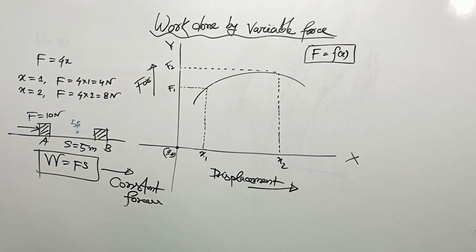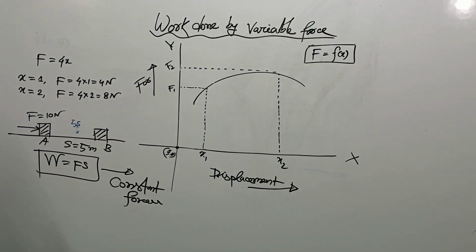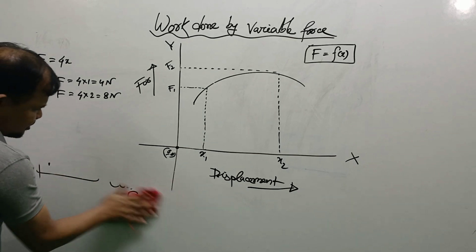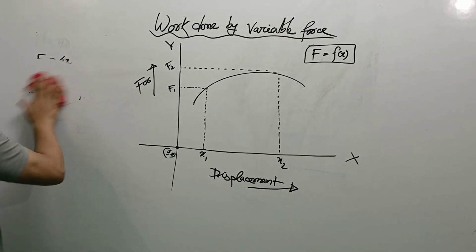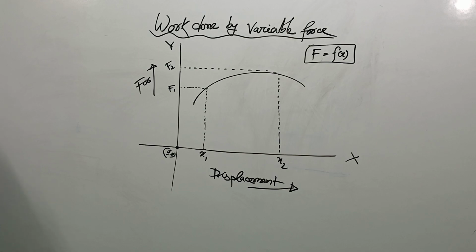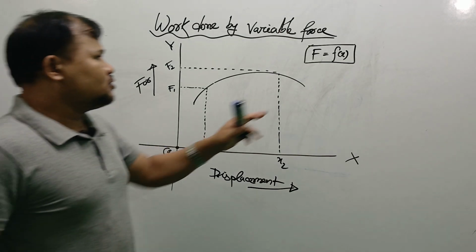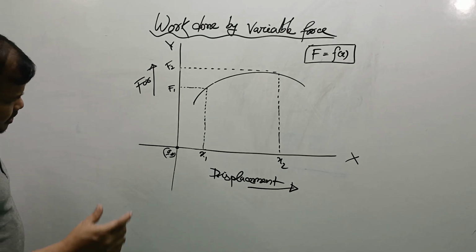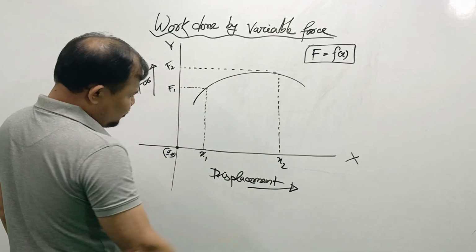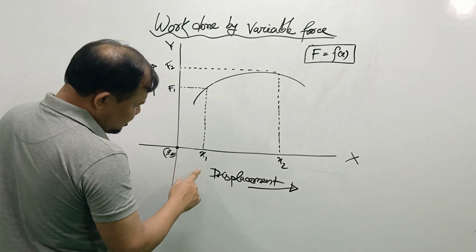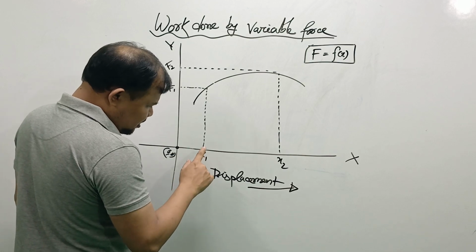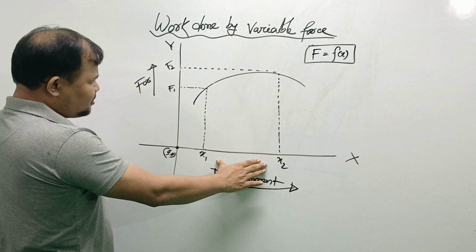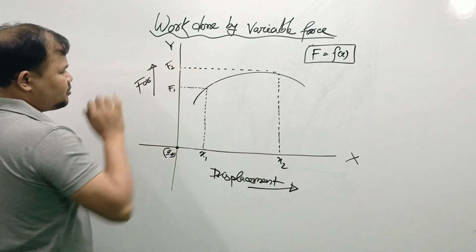Okay, now my dear student, I am trying to describe these problems very easily so that you can easily understand. As force and displacement is a function, so we just see our diagram. We need to find out the work done between displacement x1 to x2. Because of this displacement, we need force F1 to F2.